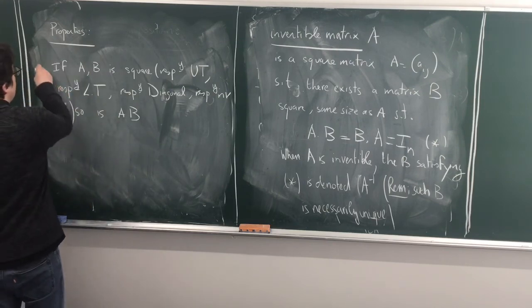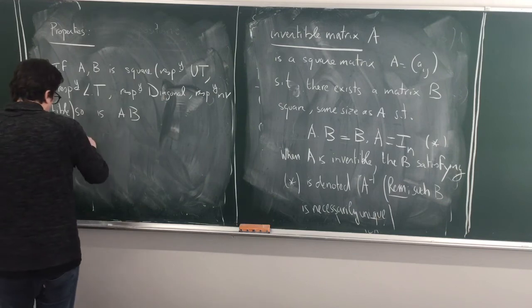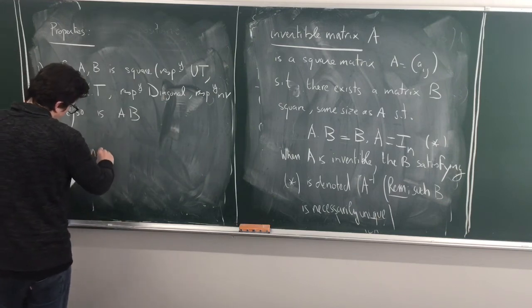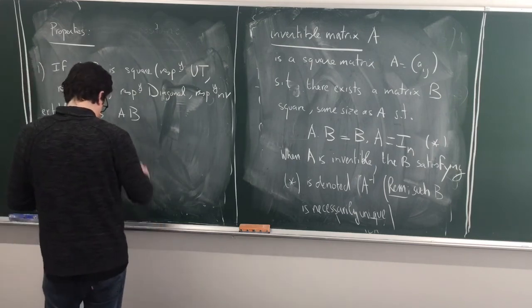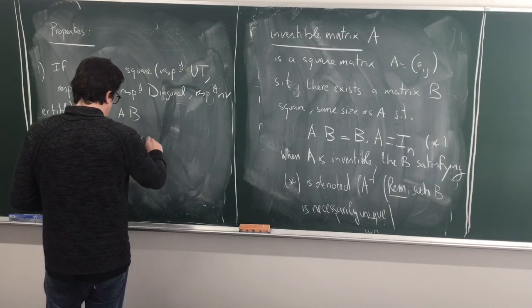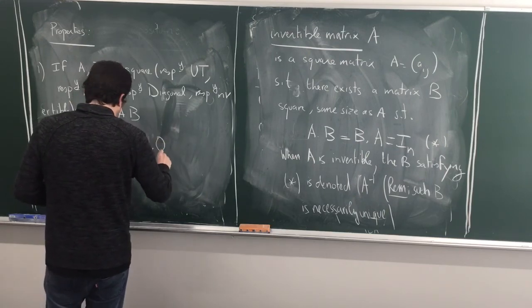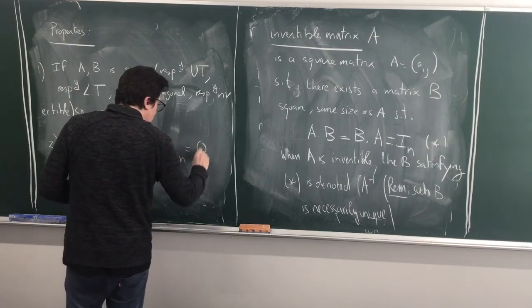Another property is the following. If you take a zero n times n matrix and multiply by an n times n matrix A, this will be equal to A times the zero matrix, and this will always be equal to the zero matrix.